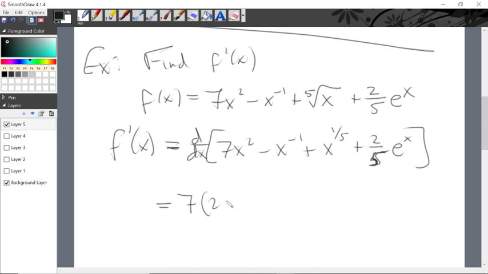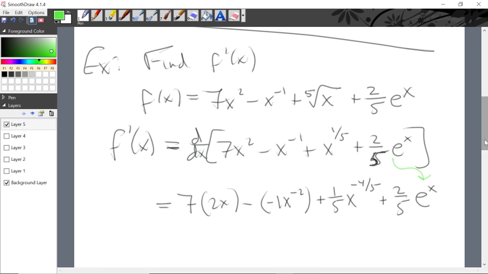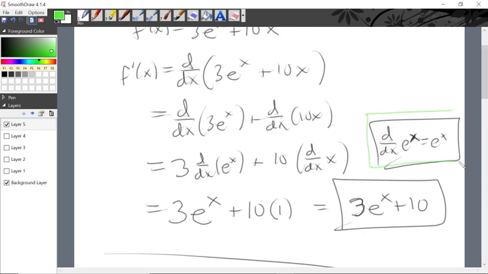We have 7 times 2x minus, general power rule here on x to the negative 1 is negative 1x to the negative 2, plus general power rule 1/5 x to the negative 4/5. 1/5 minus 1 is negative 4/5, plus 2/5, and then the derivative of e to the x, which is just e to the x. Right? The derivative of e to the x is e to the x.